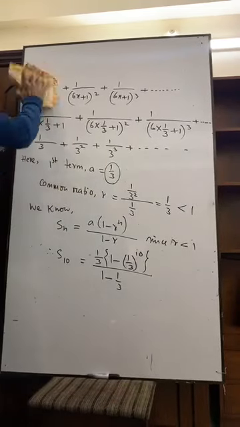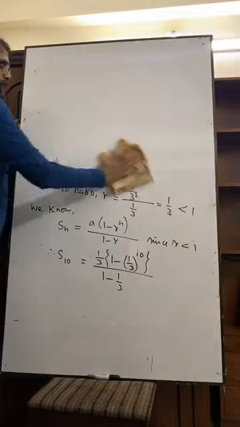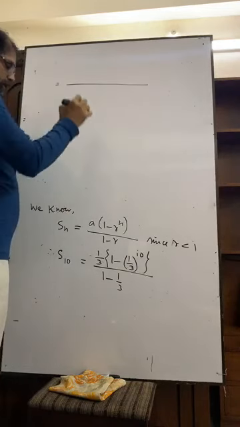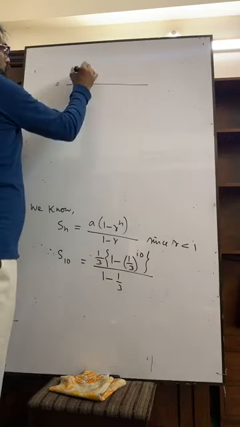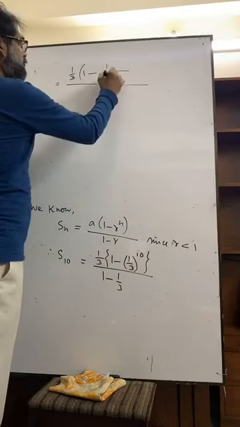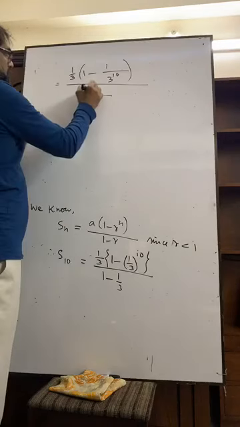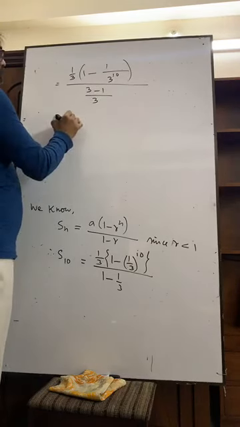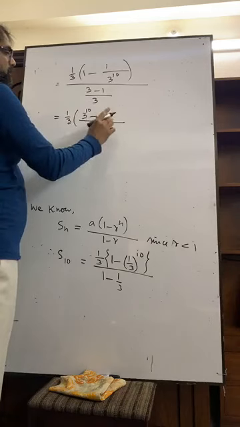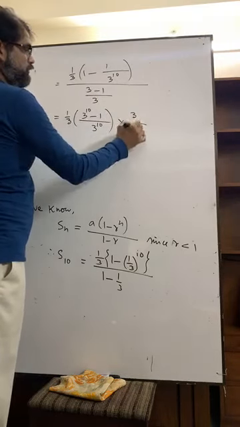Then calculation is equal to 1 by 3 into 1 minus 1 by 3 to the power 10, by 1 minus 1 by 3, LCM 3, 3 minus 1. 1 by 3, 3 to the power 10 minus 1 by 3 to the power 10, into, by inversing, 3 by 3 minus 1 equals to 2.